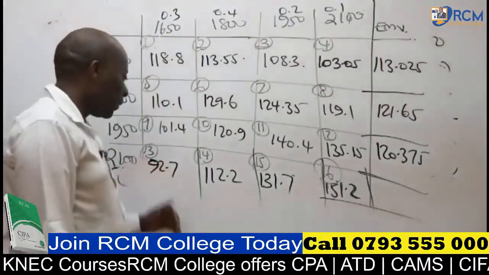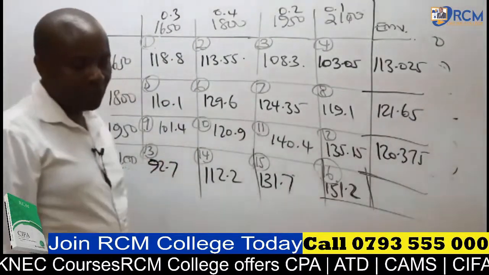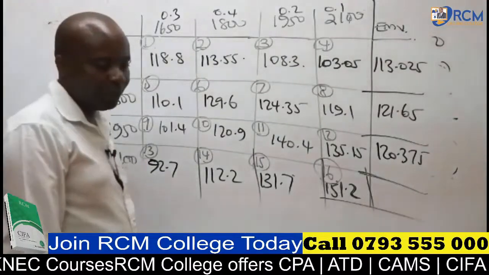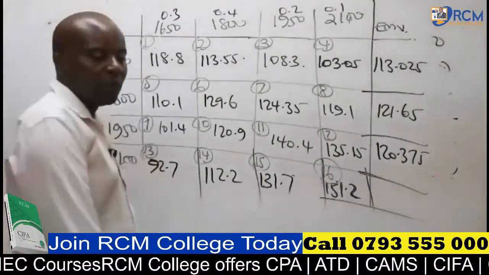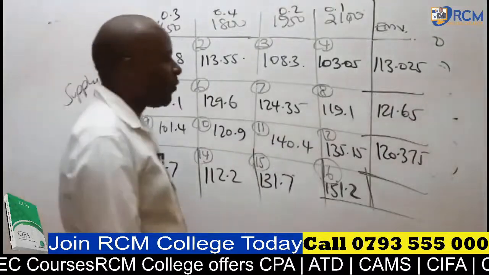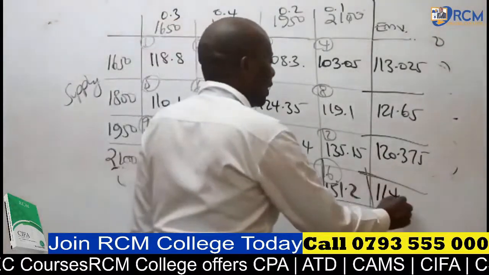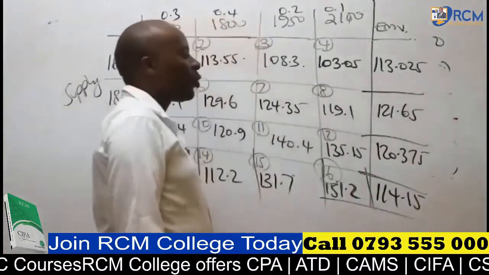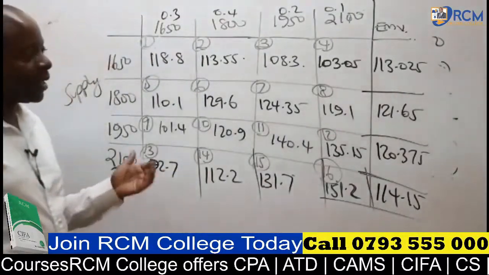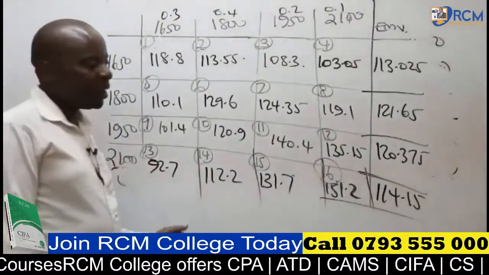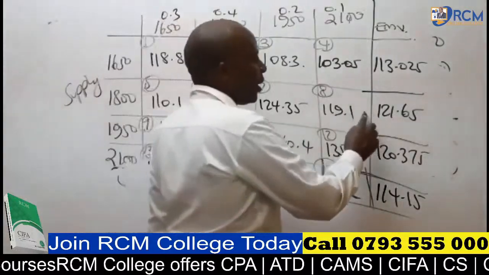And then we have the last one. What do we have? 114.15. So in that regard, ladies and gentlemen, we have said severally that we will always work with the highest expected monetary value. So the highest expected monetary value is this one here.